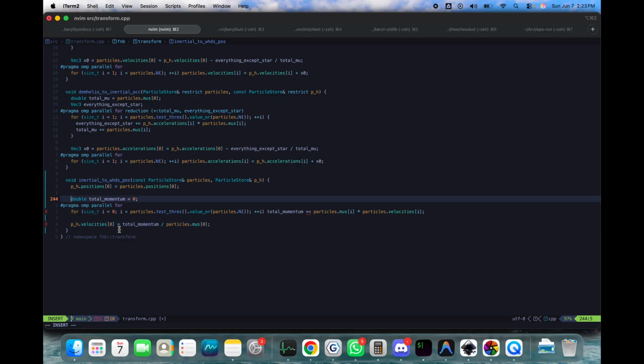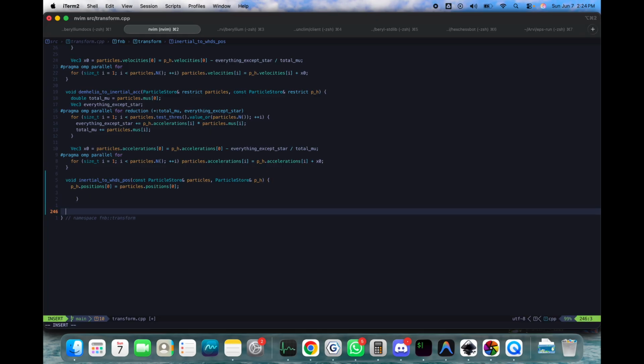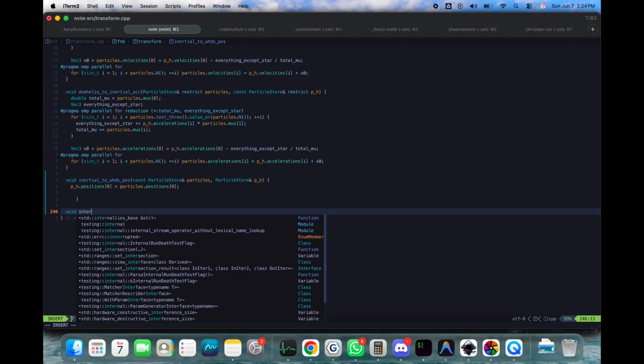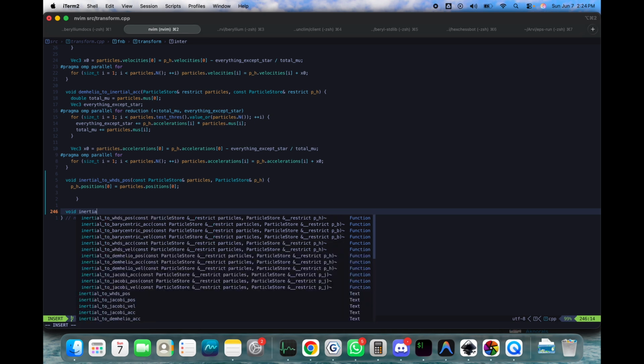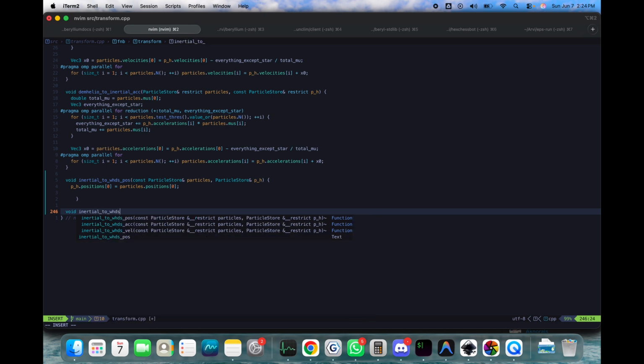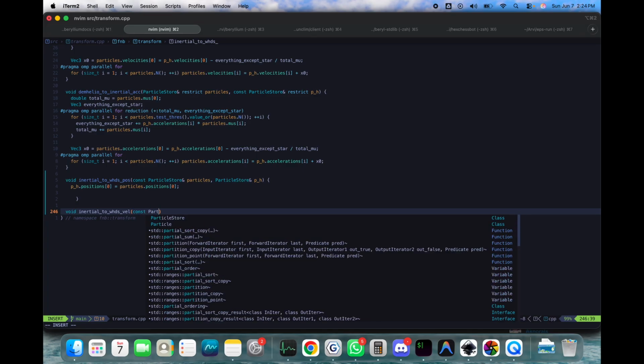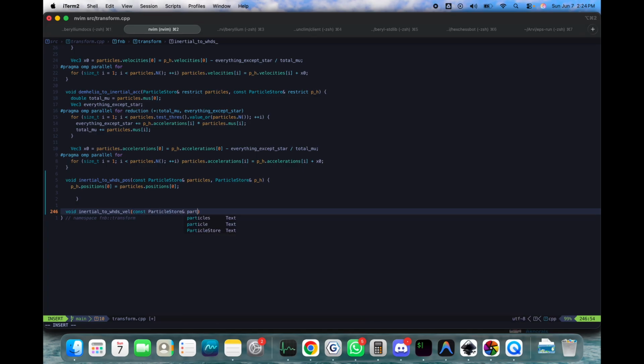Oh no, maybe this should not be here actually. So I'm just going to grab this and do void inertial to WHDS vel, and we do a very similar thing, except I forgot the restricts here, which are kind of important.